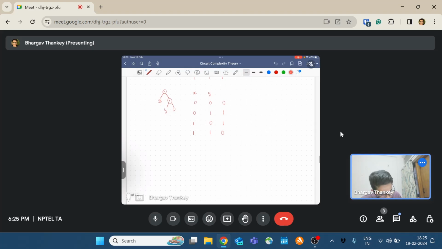And so for, oh, wait, it's not a buffer function.